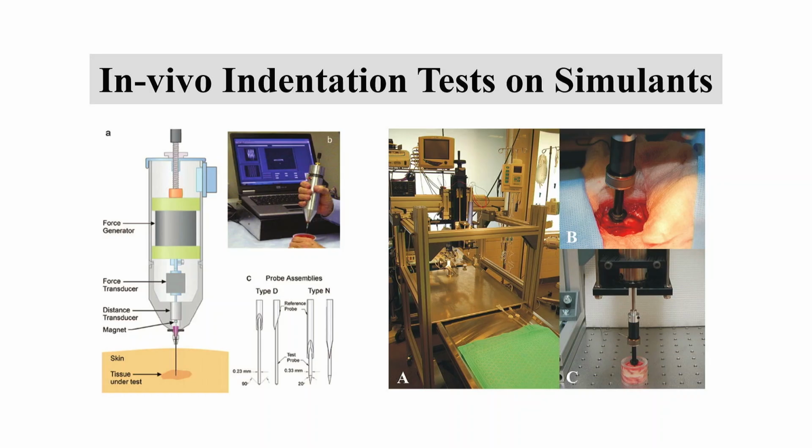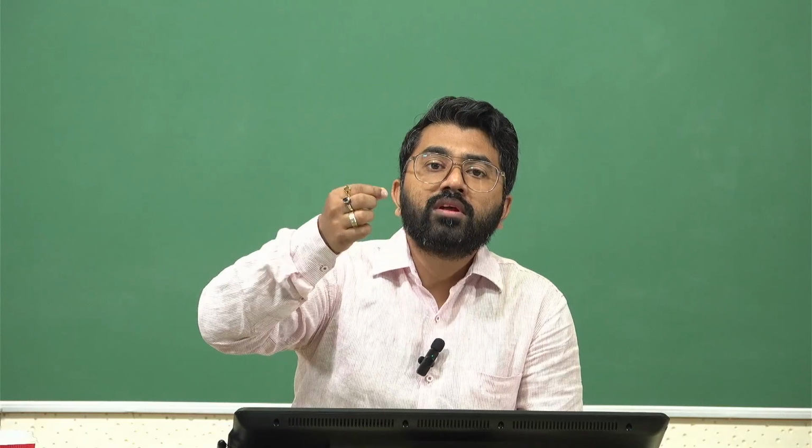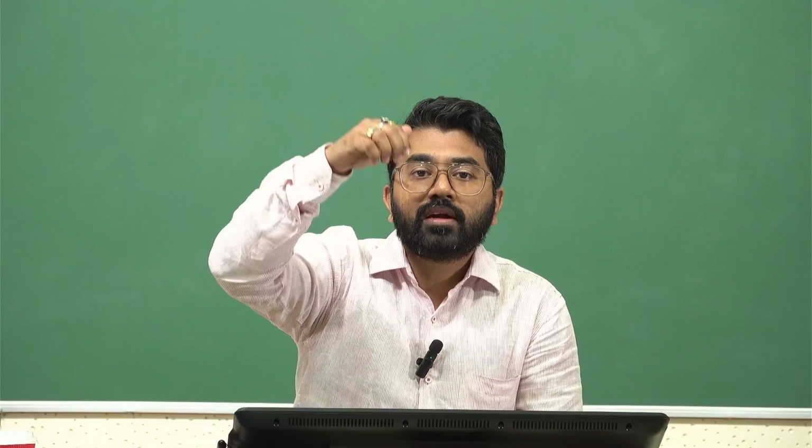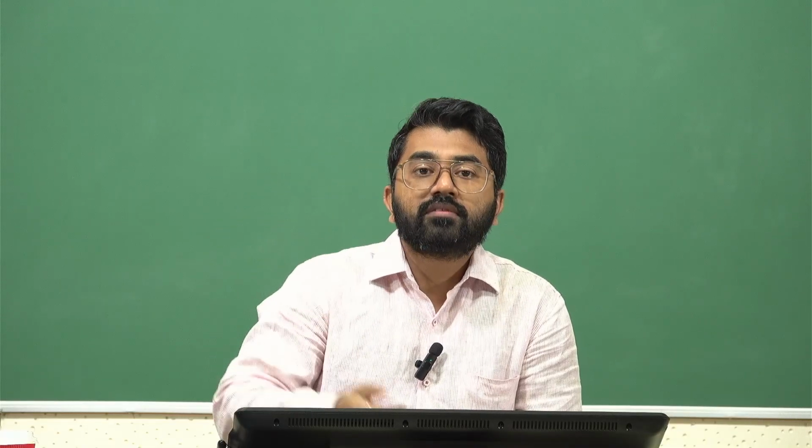Micromechanical means they're small in size, they're mechanical, and they have an electronic component to them. Then there is a magnet. Then you have finally the skin, and then the part of the tissue under test, so you can poke this needle. And this is not an entirely penetrating needle per se. It has a little bit of a blunt end, which can take the same measurements.